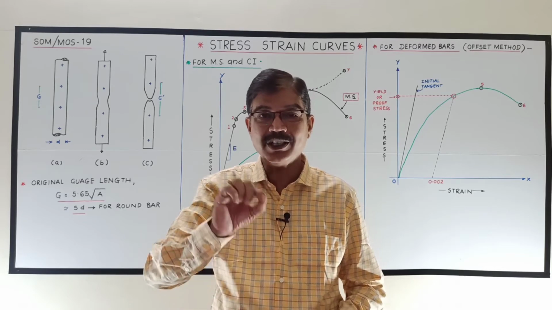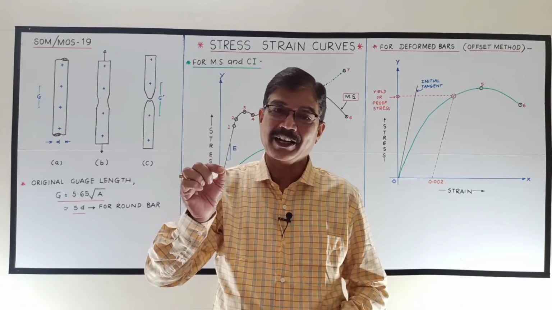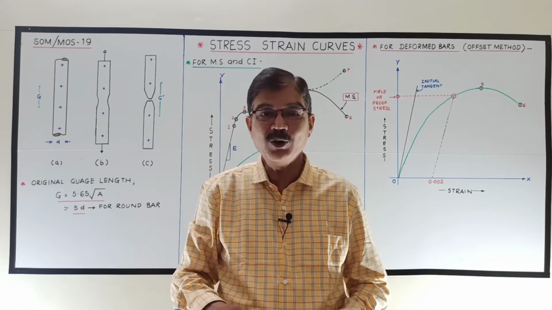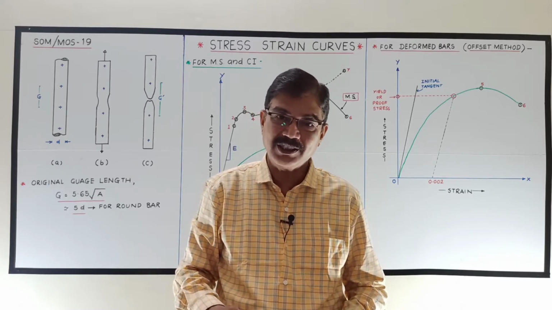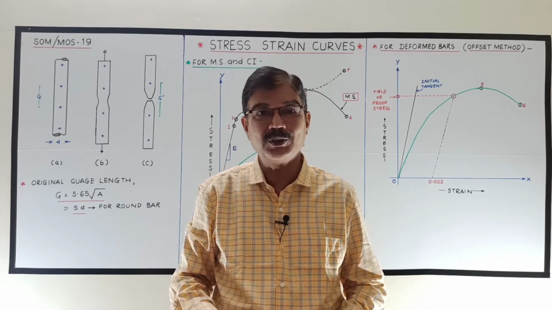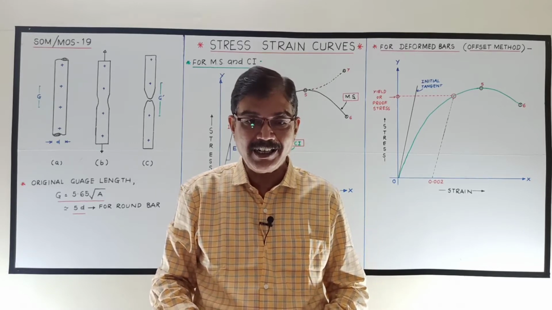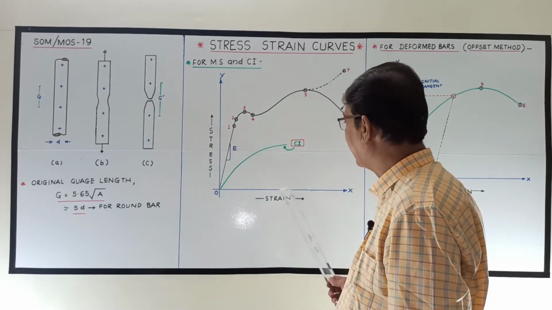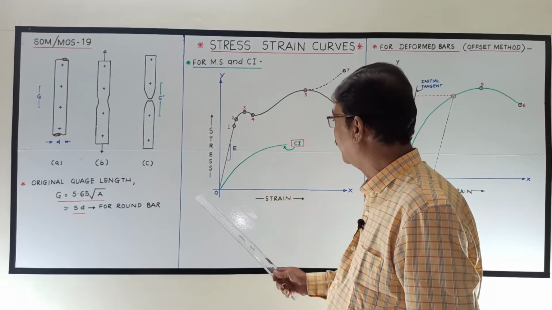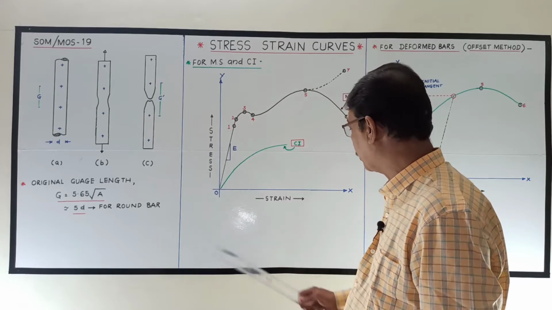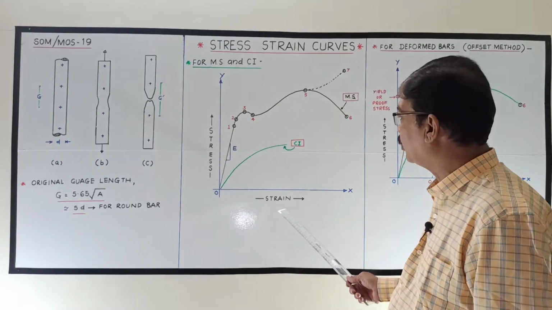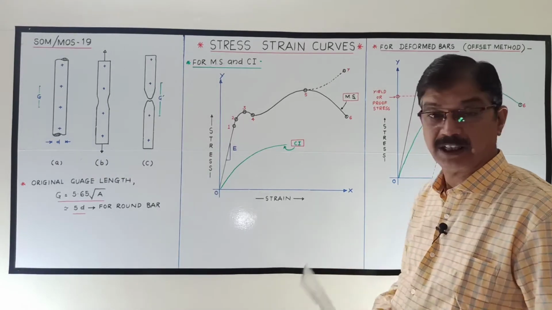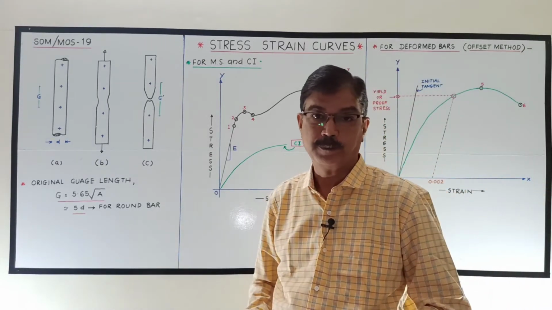Now as load increases, due to load there will be deformation. So due to load you can find out stress, due to deformation you can find out strain, and if we plot strain along x-axis and stress along y-axis, because stress is the dependent quantity, strain is independent quantity. Only because of strain is there will be stress, that we already know.